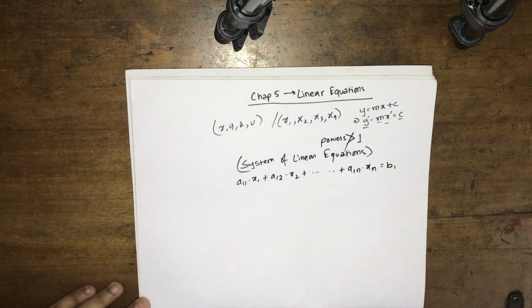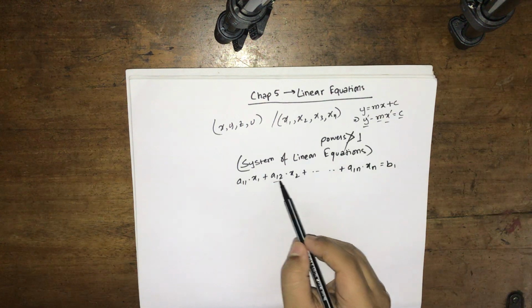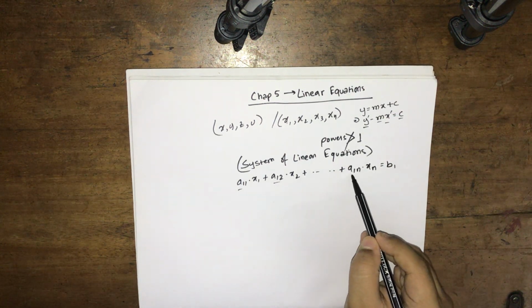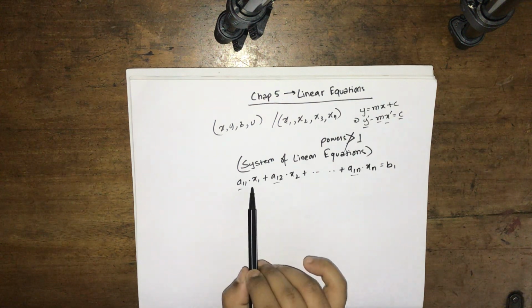This was my first equation. Here a11, a12 up till a1n are my coefficients of their respective variables.